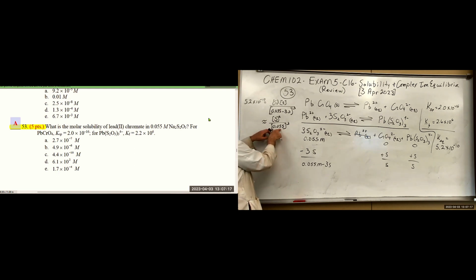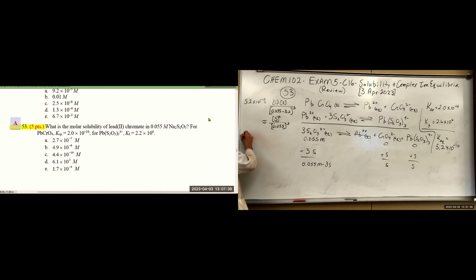So if we take this one, cube that one times this one, let's see what we get. 0.055, and we're going to cube it. And then that one times this one, 5.2 times 10 to the minus 10.